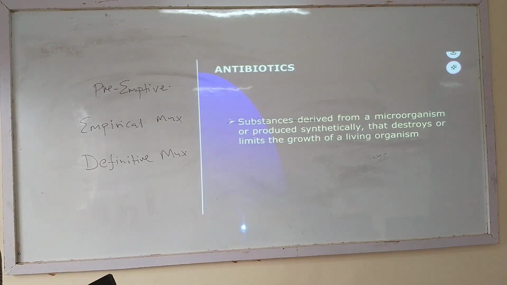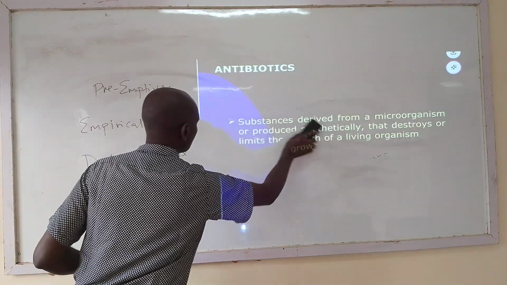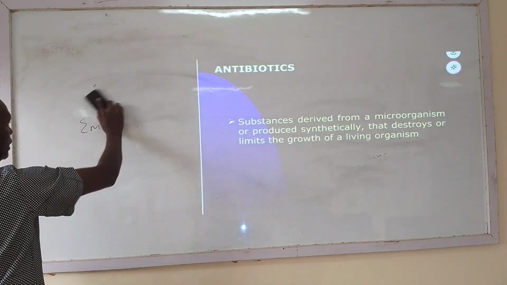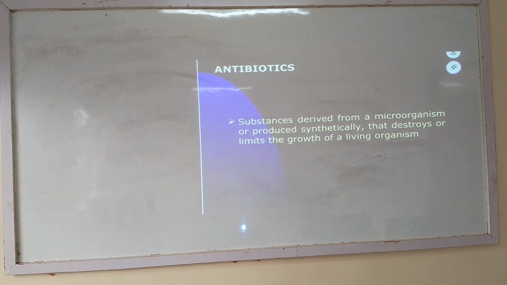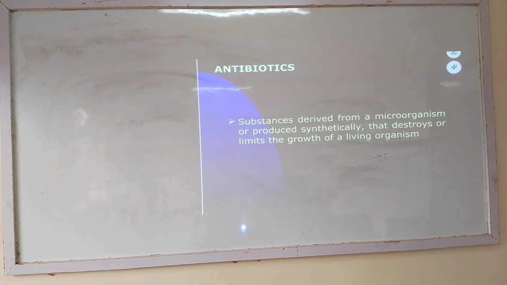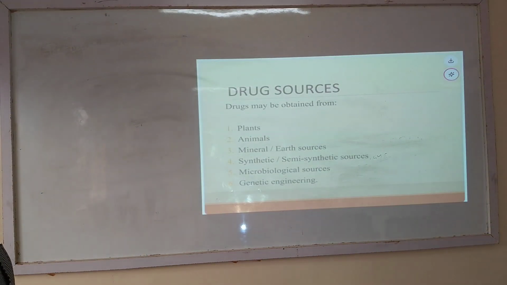This is just a repetition of the definition. We said antibiotics can be obtained from microorganisms. They can also be synthesized, and they destroy bacteria in two ways, that is killing and also inhibiting growth.